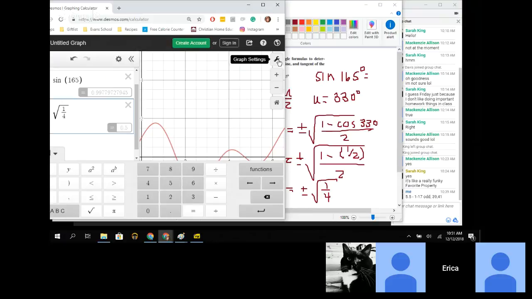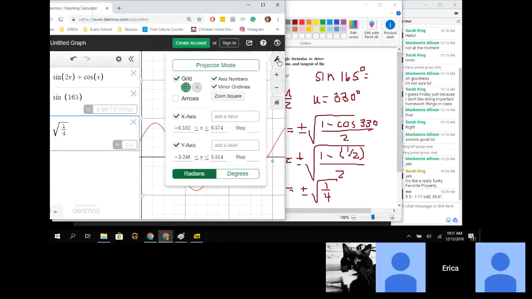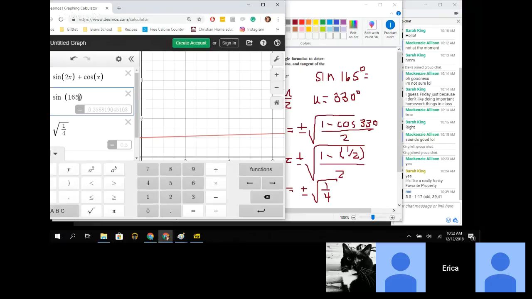Oh, the square root of 1/4 is 1/2. Sorry, my brain didn't even realize that. Uh-oh, something went wrong. So this should be right when I change it to degrees. The sine of 165 degrees. Did I do something wrong with my math here?